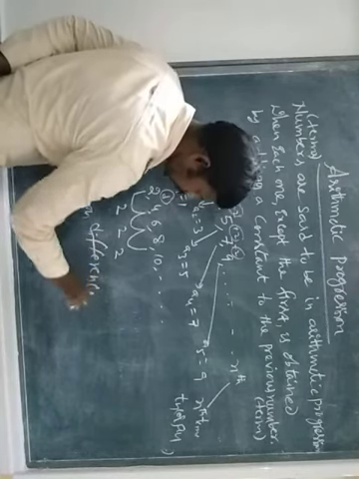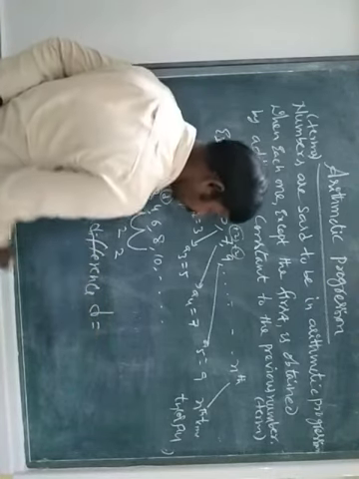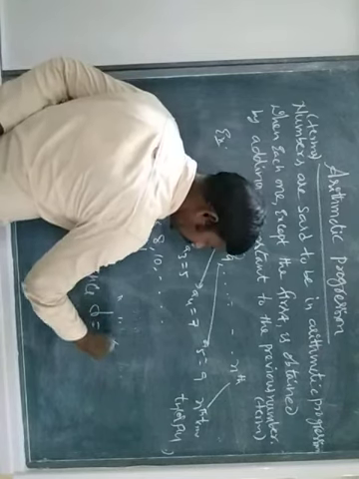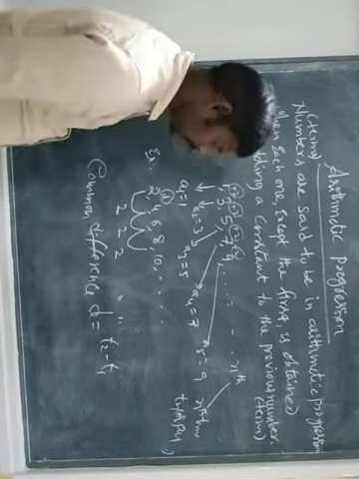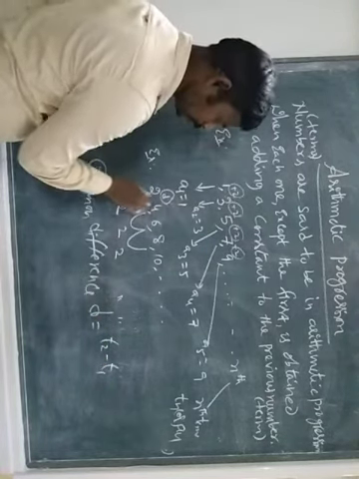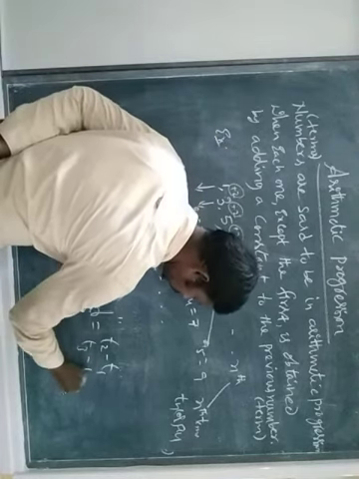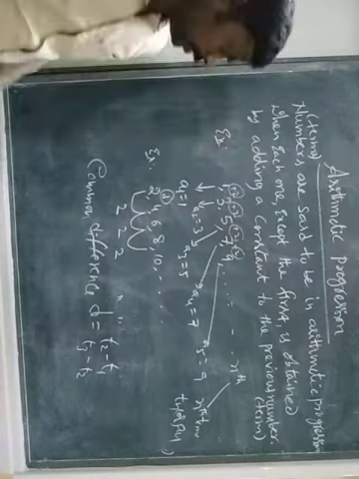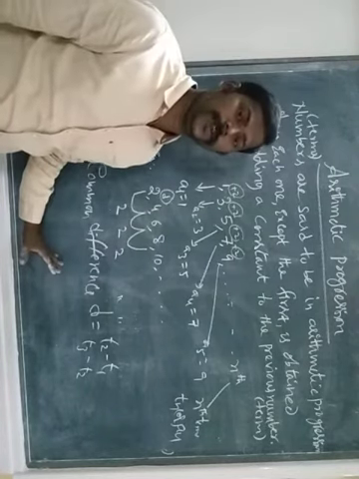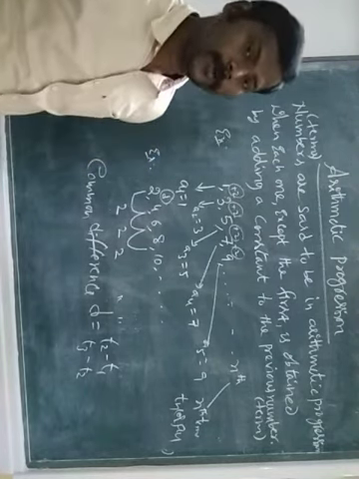The common difference, denoted by small d, is equal to the second term minus the first term. See, 4 minus 2 is 2, or the third term minus the second term. So this is called the common difference in an arithmetic progression.